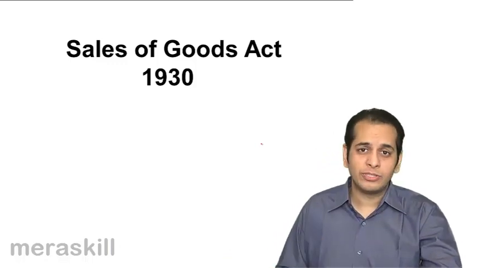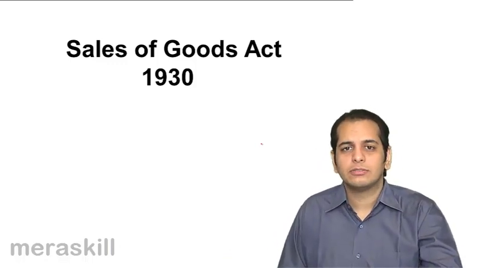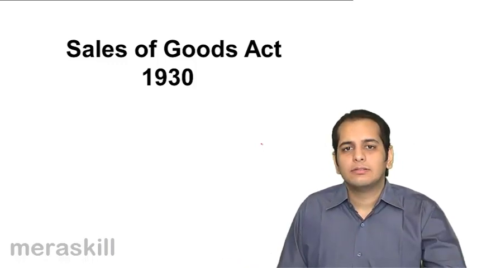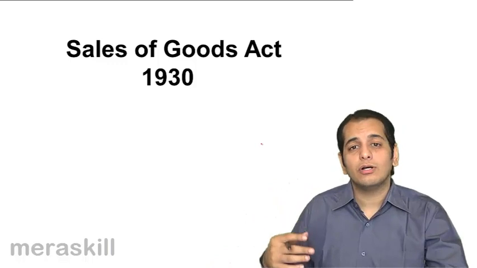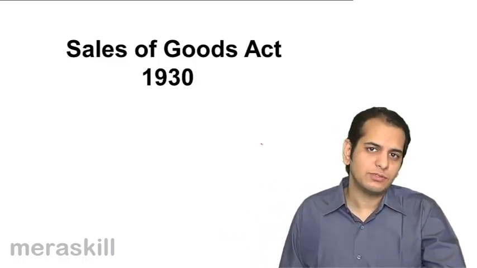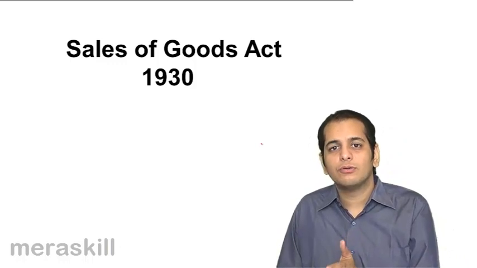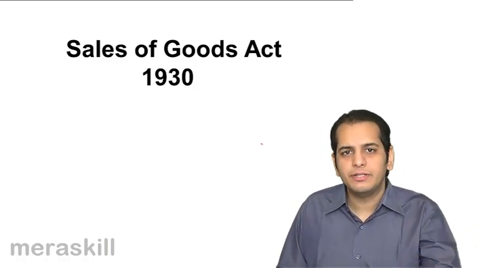This act was introduced because a need was felt for provisions for a law relating to sale of goods. Earlier, sale of goods was a part of the Indian Contract Act.